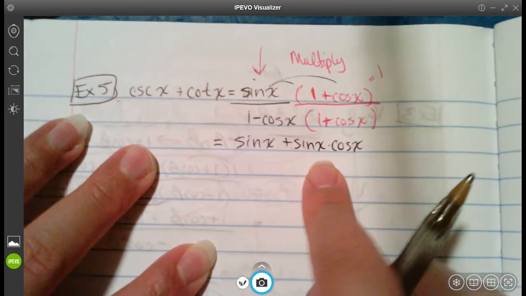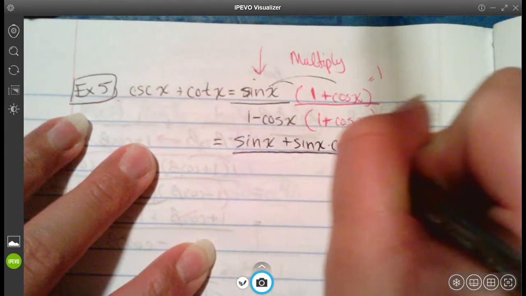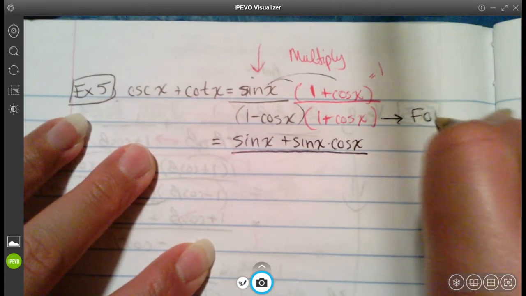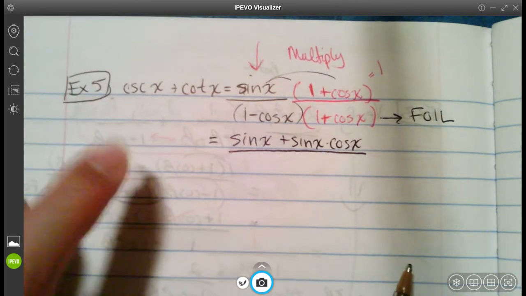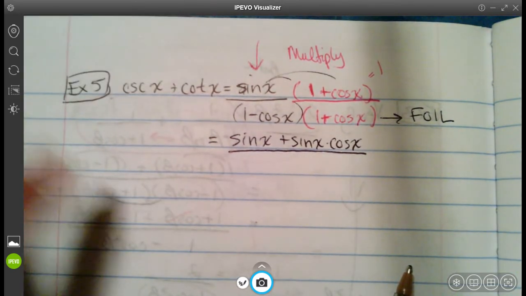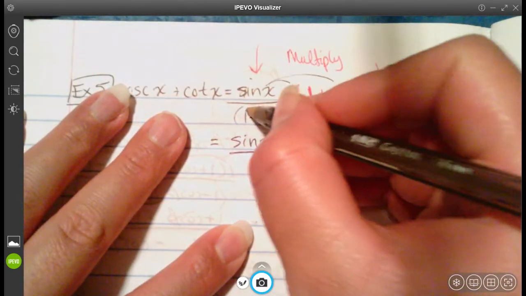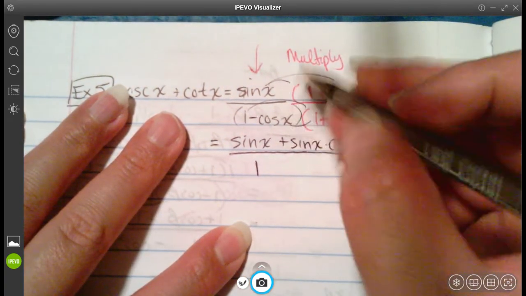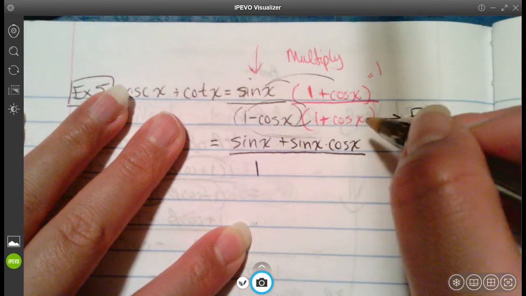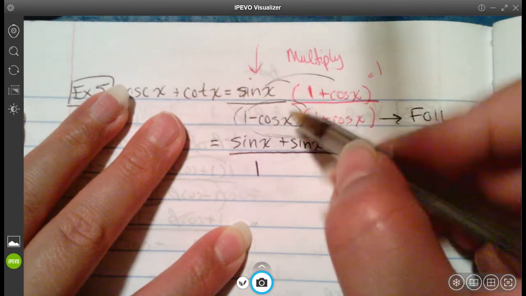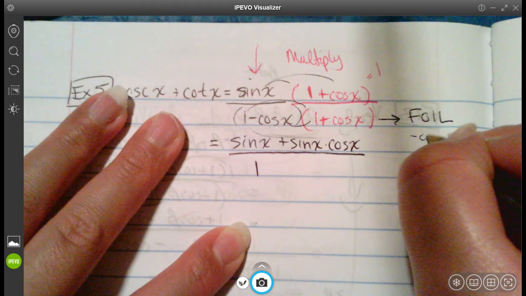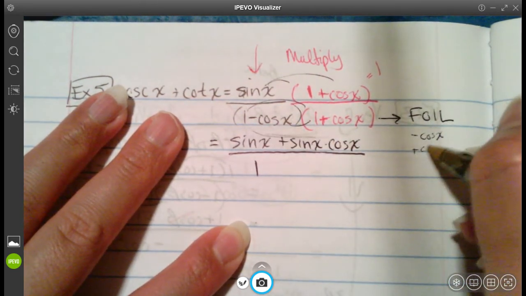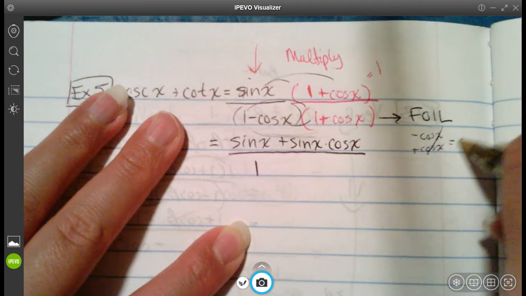On the bottom, we have a FOIL. We get 1 times 1 is 1. The middle terms are going to cancel out and give us 0, because we get negative cosine and then positive cosine of x, which just gives us 0.